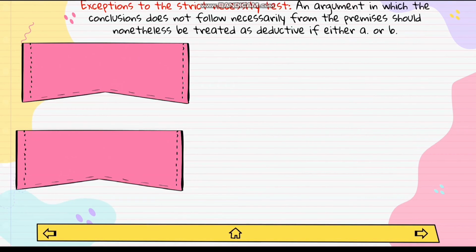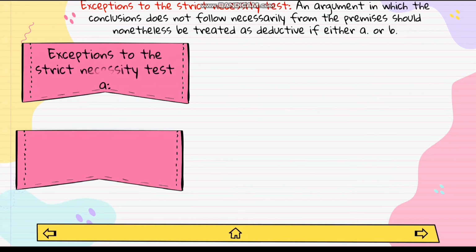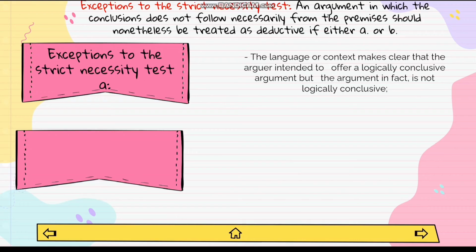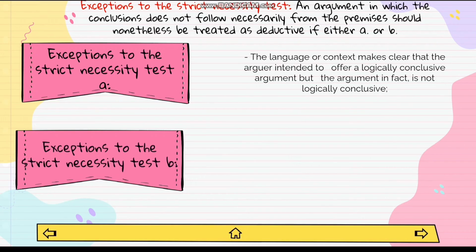Exception to the strict necessity test: an argument in which the conclusion doesn't follow necessarily from the premises should nonetheless be treated as deductive if either A or B. Exception A: the language or context makes clear that the argument is intended to offer a logically conclusive argument, but the argument in fact is not logically conclusive.